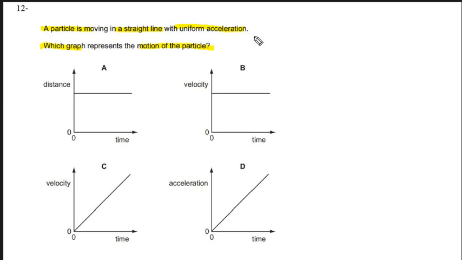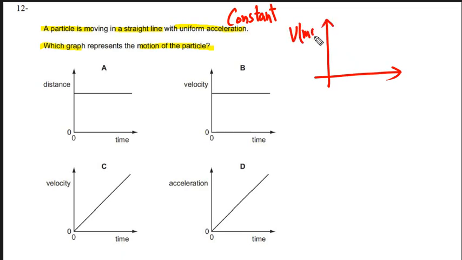In order to answer this question, the first thing we have to understand is that it is constant. The acceleration is constant, uniform, which is sometimes a little confusing for some students, so we can also say that it is constant. Constant acceleration simply means that if we have the velocity time graph, let's say we have velocity on the y-axis and time on the x-axis, the gradient of this has to be constant.